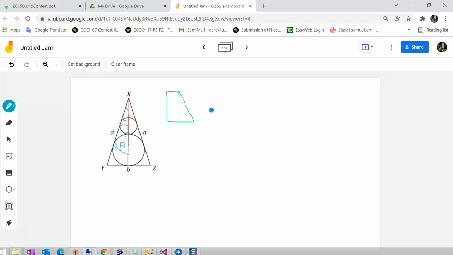For this angle, we know the A and B relationship, because this angle is already determined by A and B, right? So here we know this side. This side is R minus r, right? Or this side is R plus r, right?